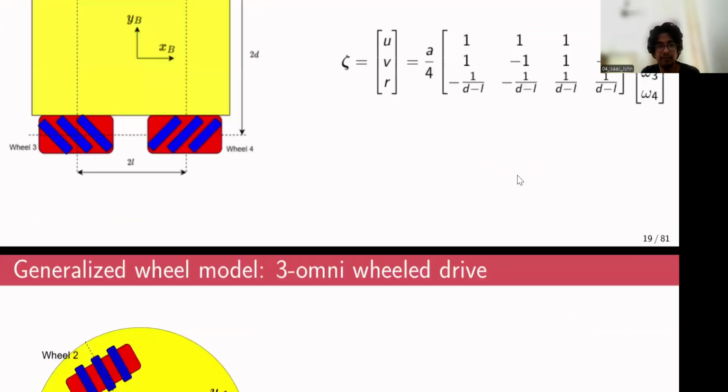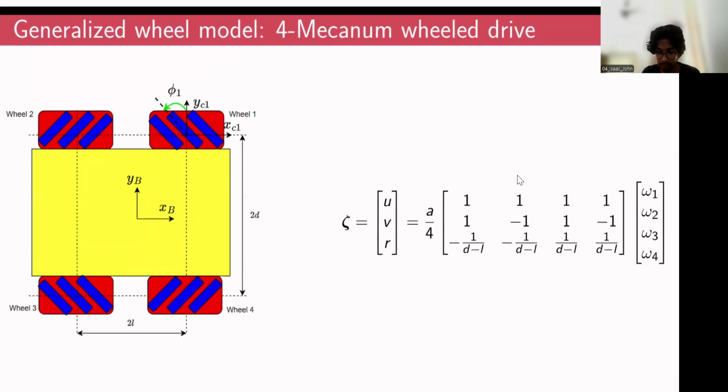Another case that we have considered is the case with four mecanum wheels, which have passive rollers. For the first wheel, the passive rollers are aligned in this direction. The same for the third wheel. And for the second and fourth wheels, they are aligned in this direction. There are some parameters, because this phi i is always going to be fixed.